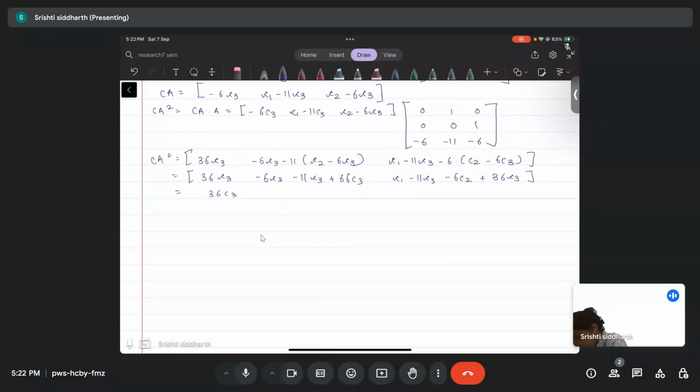This is 36 C3, we have minus 11 C2 plus 60 C3, and then we have C1 minus 6 C2 and 36 minus 11, so this is 25 C3. Let's check this before we move on.